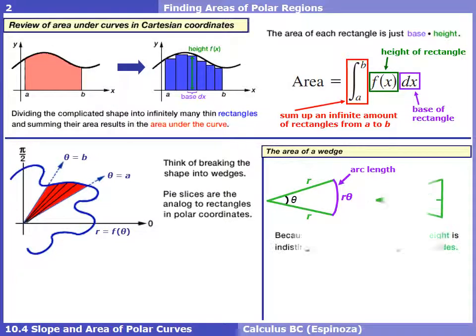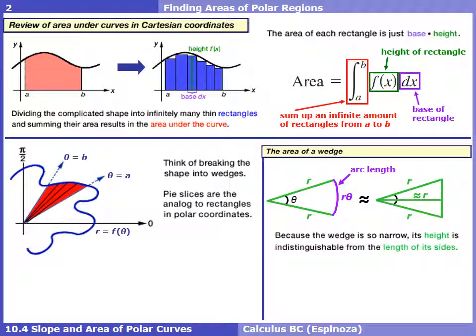So to exaggerate that, this is of course not to scale, that's why I'm putting this approximately equal to. As this angle gets smaller and smaller and smaller, what's going to happen is the height of this triangle that you see here is going to be indistinguishable from the lengths of the sides. It's kind of hard to visualize, but appreciate that this wedge is so tiny.